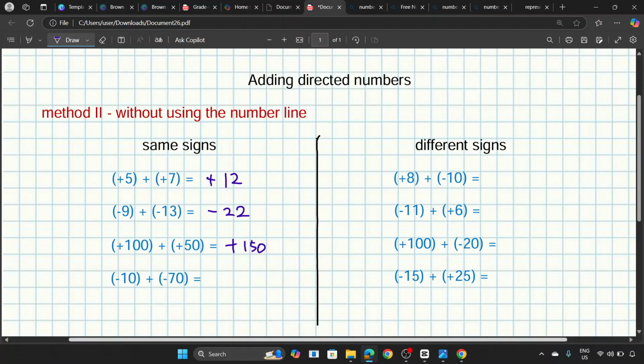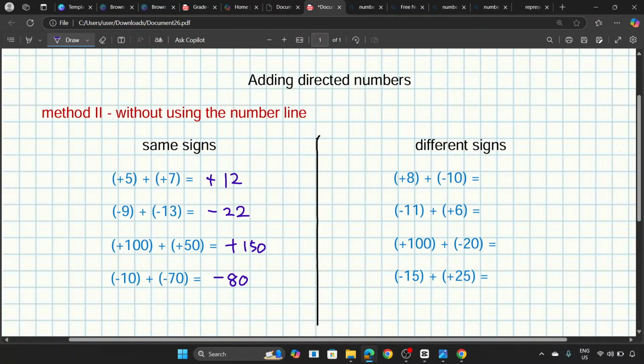Then last one, it is negative 10 plus negative 70. Both signs are negative. Then the answer sign is going to be also negative. 70 plus 10, the size is 80. Final answer, negative 80. Okay, let's move to different signs.